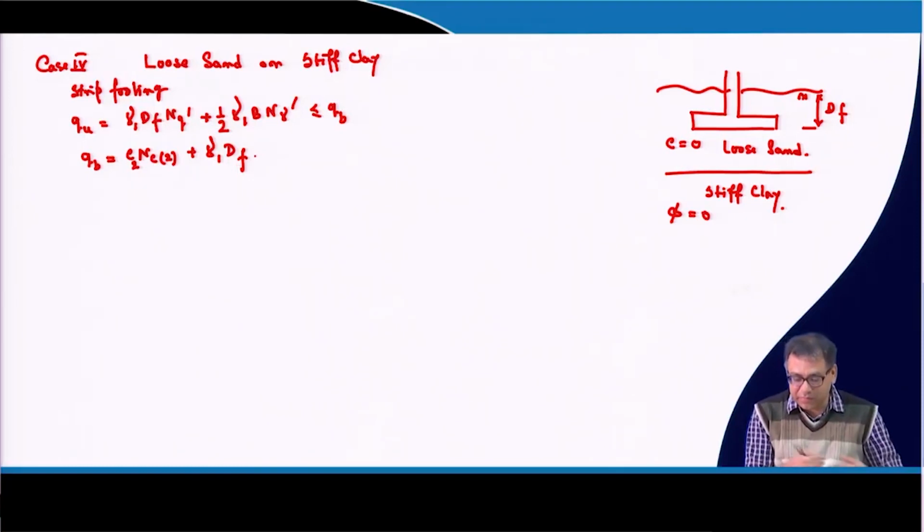Okay. So, now if you consider gamma 1 (D_f plus H), then you have to subtract that H from the main equation. So, that is not given, that is given in the q_b term. So, the H term is not considered.